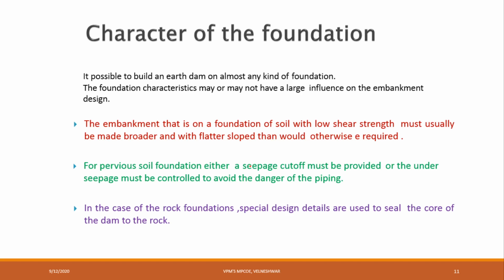An embankment on a foundation of soil with low shear strength must usually be made broader, with flatter slopes than would otherwise be required. Here he is saying that for soil which has low shear strength, we can prefer some broader sections.